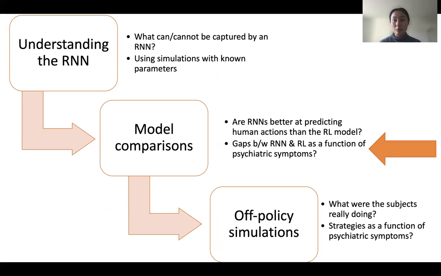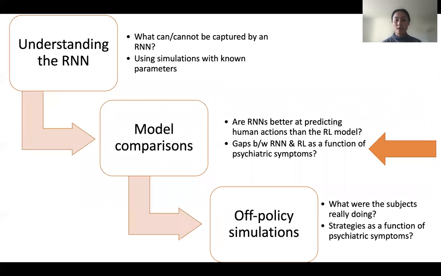From there, we can probably cluster individuals into different subtypes, because essentially this gap between RNN and RL would tell us to what extent this person's behavior can be explained by reinforcement learning, which can be clinically meaningful.